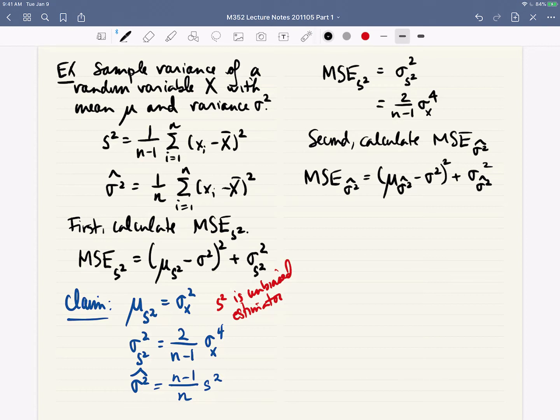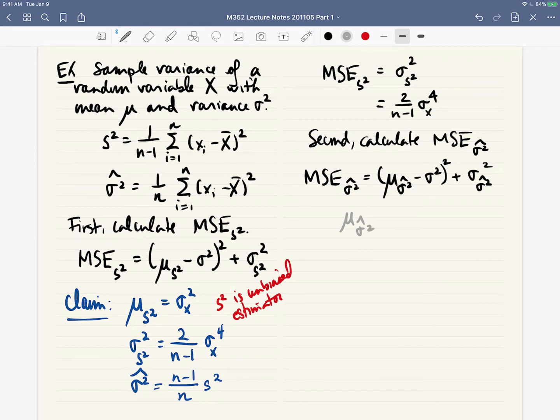So here's where we're going to use this nice fact, that our other estimator is just a constant multiple of our sample variance. So going to this formula, let's write this.